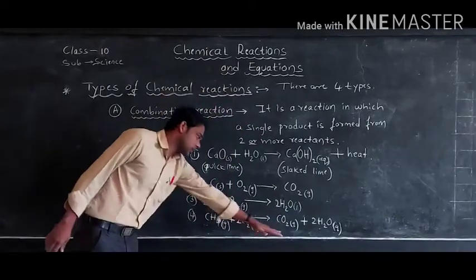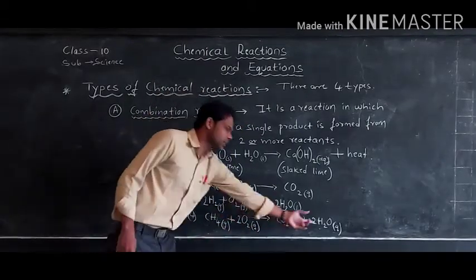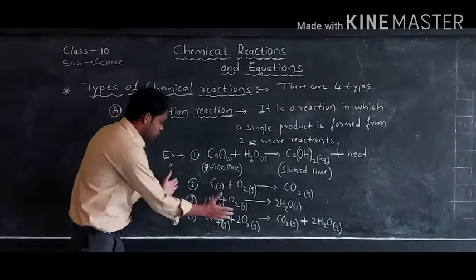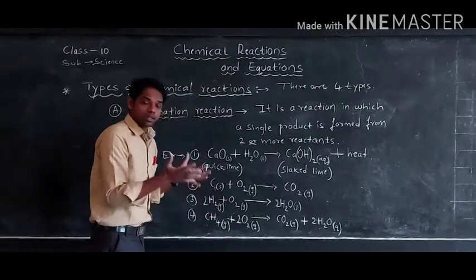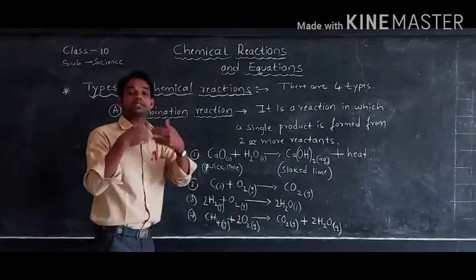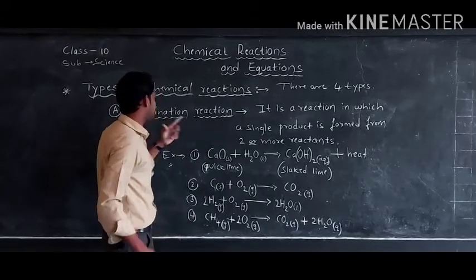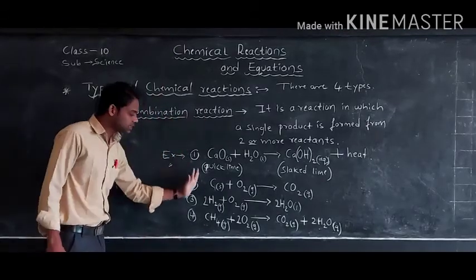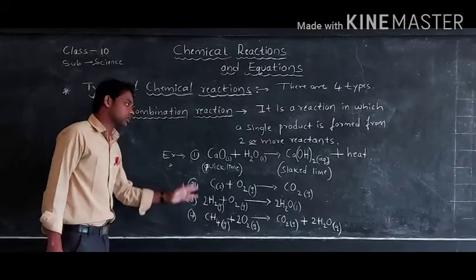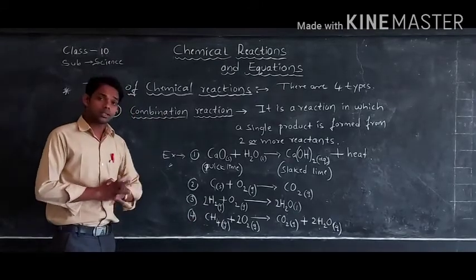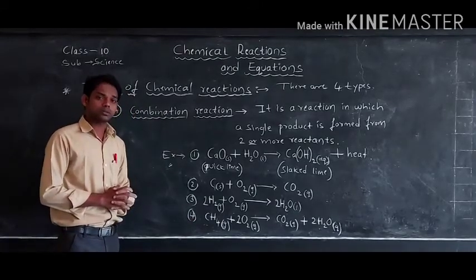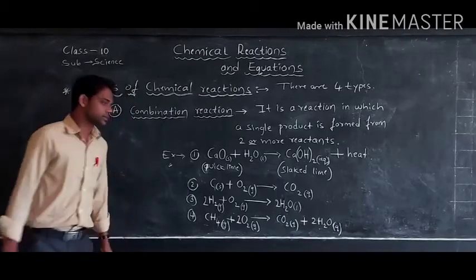Okay? Remember this form here. When two or more reactants combine and form a single product, such a reaction is called a combination reaction, and these are examples of combination reactions. Understood, students?